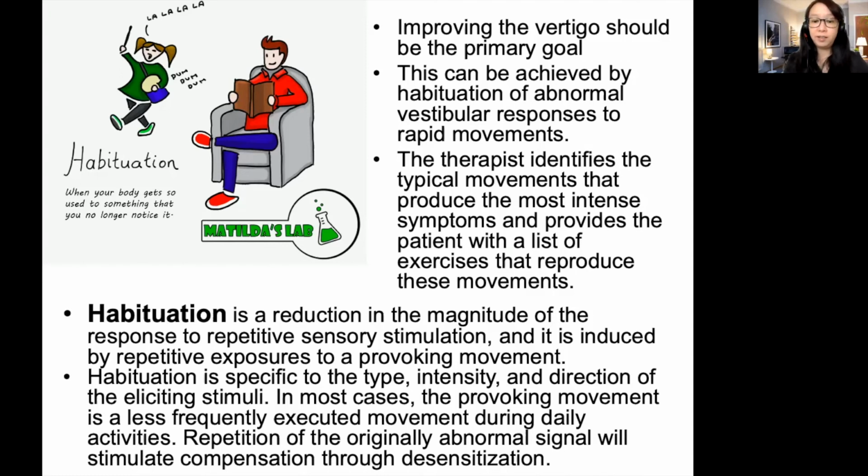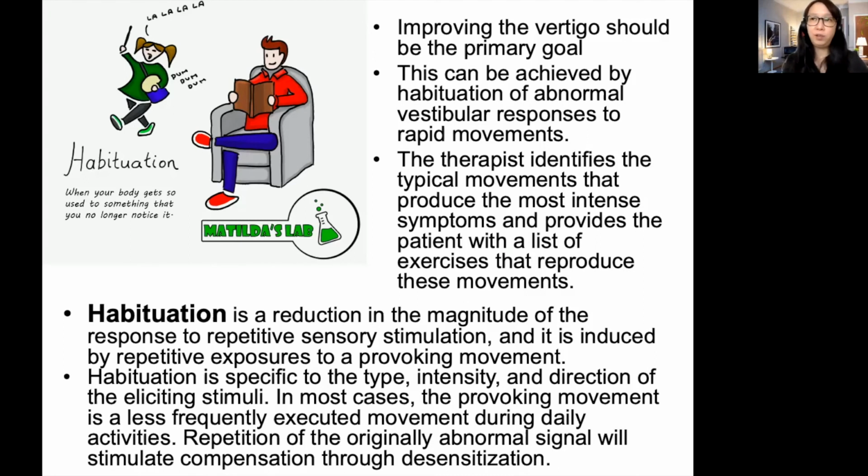In most cases, the provoking movement is a less frequently executed movement during daily activities. So what this means is that the movement which makes them uncomfortable is actually a movement they don't do often. Because if they did it often, they would have habituated already.